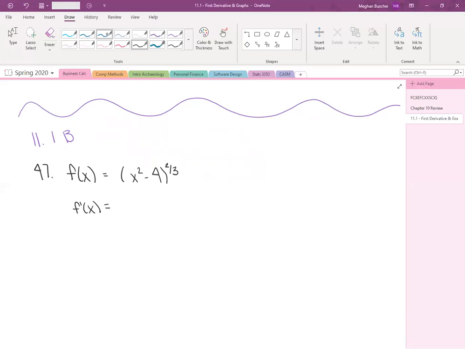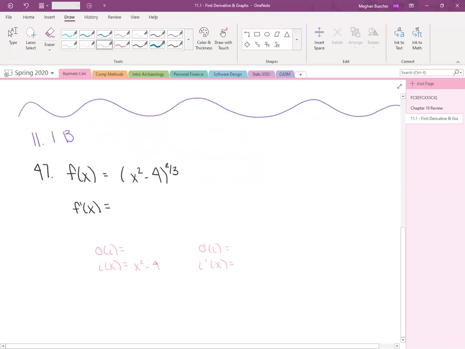Okay, so let's break out old school chain rule, do outside, inside, just to refresh ourselves. What's going to be the inside function here? X squared minus 4. Perfect.